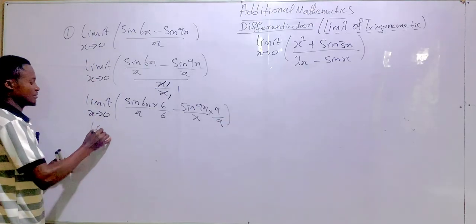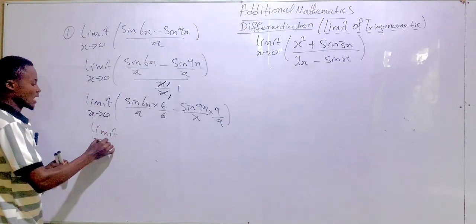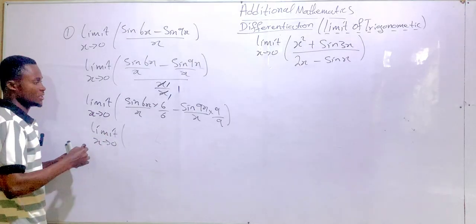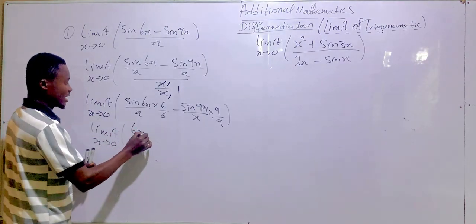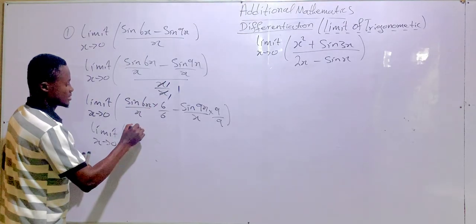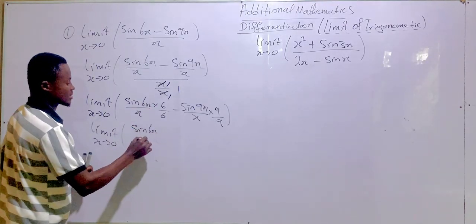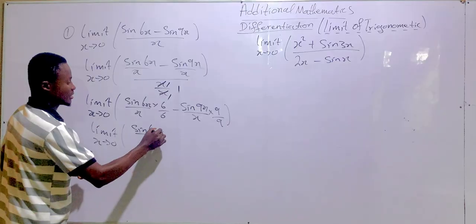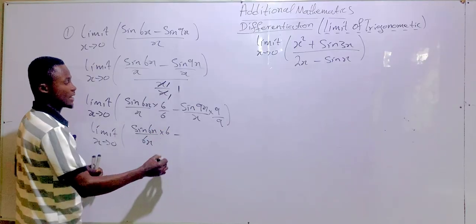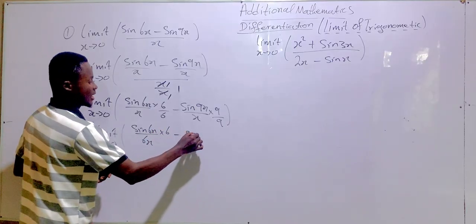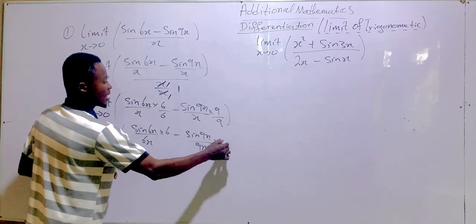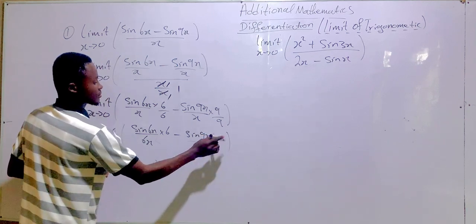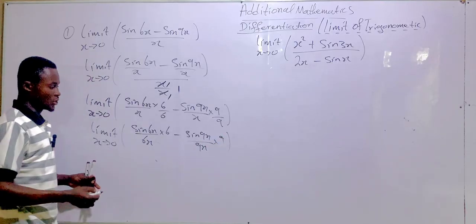So we have the limit as x approaches 0 of sine 6x all over 6x times 6 minus sine 9x all over 9x times 9. Now what do we get?